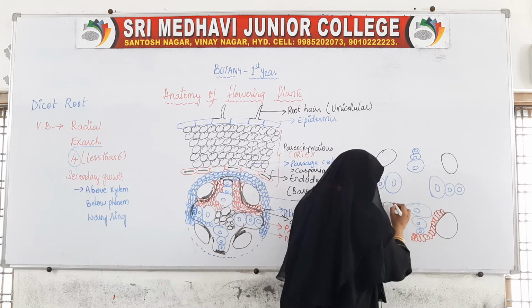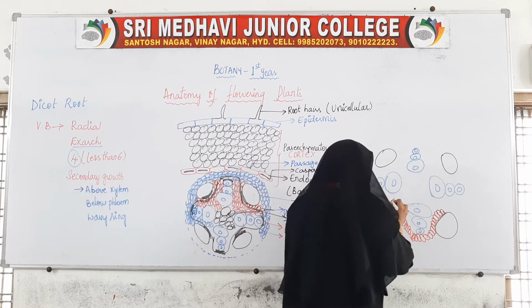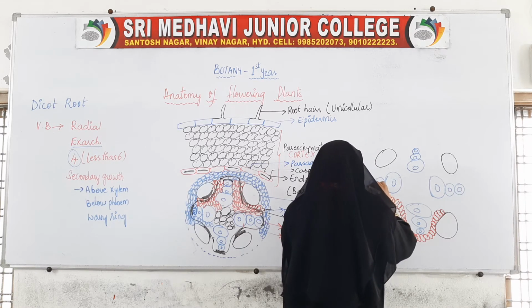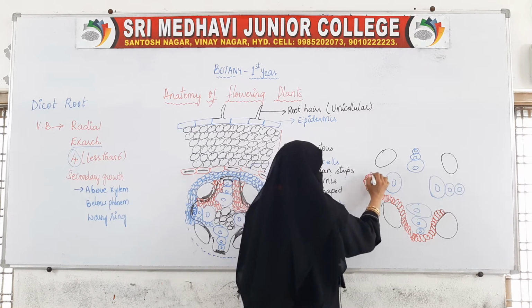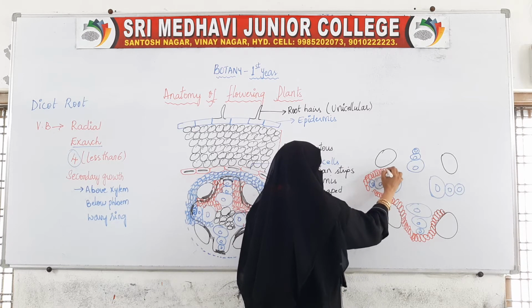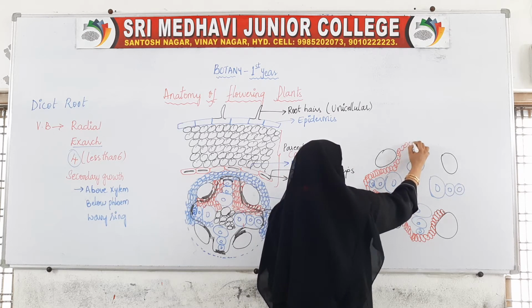Now below this phloem, a few cells of conjunctive tissue, and the cells above the protoxylem, these cells. Then again the conjunctive tissue, a few cells above the xylem.